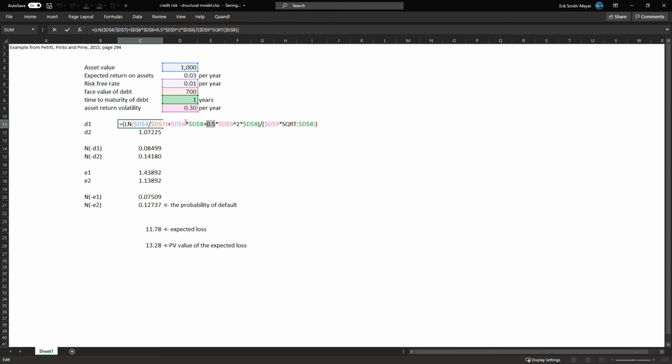All of this is divided by the product of the asset return volatility and the square root of time to maturity.